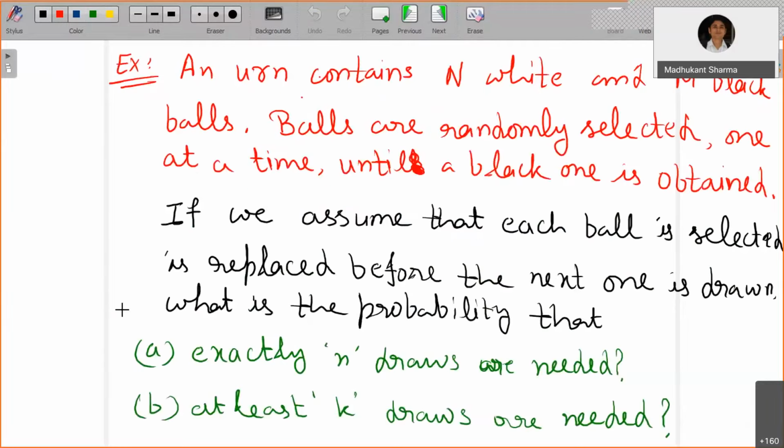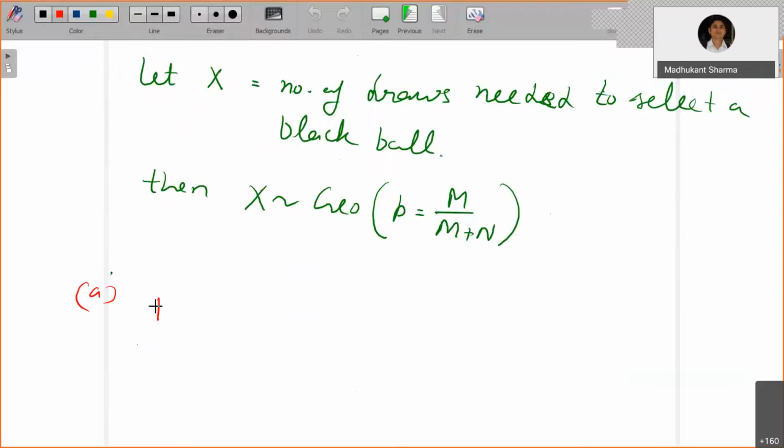What I'm interested in first is that exactly n draws are needed, meaning I require the probability of x equals n. What does that mean? It means till n minus 1 you have failures, and on the nth trial you succeed.